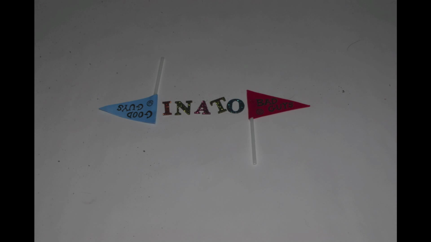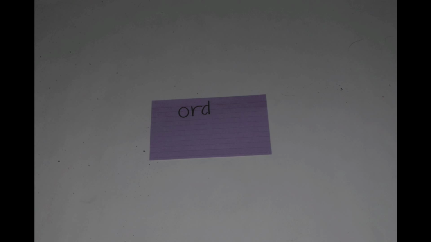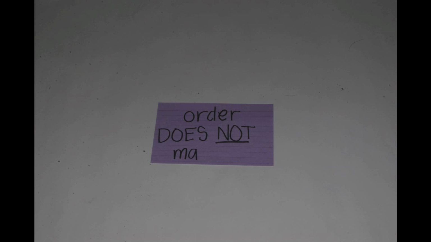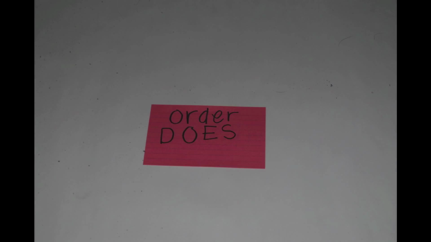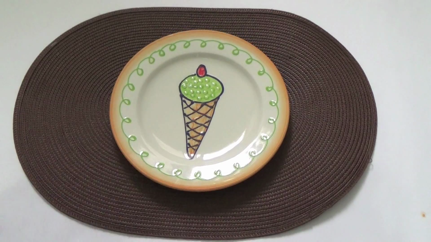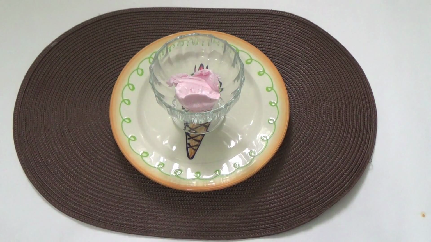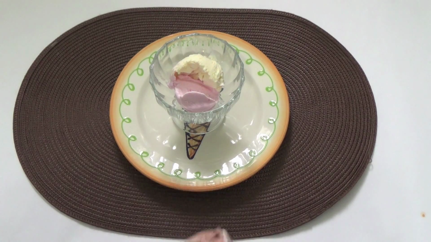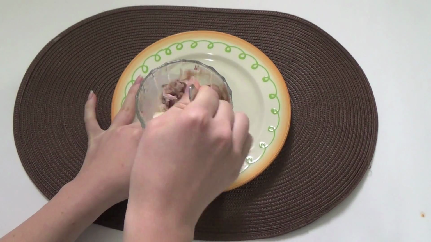There are 2 types of combinatorics: combinations and permutations. In combinations, order does not matter, whereas in permutations, order does matter. An easy way to explain combinatorics is by use of ice cream. If you wanted 3 scoops of ice cream in a bowl, the order in which you put the scoops wouldn't matter because the ice cream would just get all mixed up anyways.